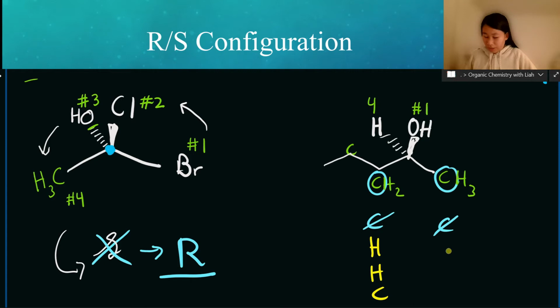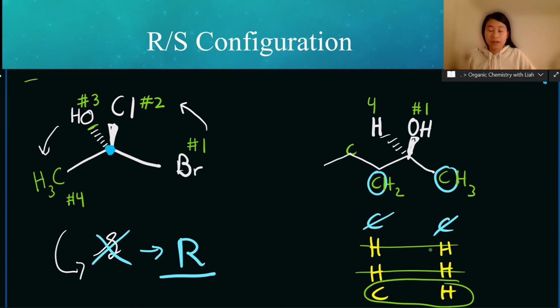Well, the carbon on the right has 3 hydrogens. And by comparing these two, these hydrogens cancel out, right? Because there's a tie, you can't decide between them. And you're left with carbon versus hydrogen. Knowing that carbon has a higher atomic number than hydrogen does, you will place priority number 2 on the left side. And priority number 3 will be on the right side.